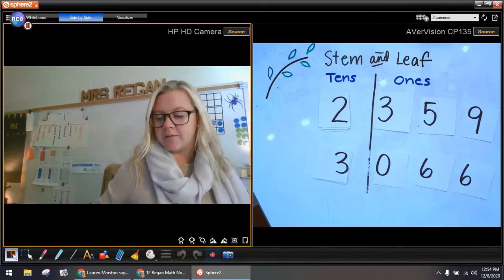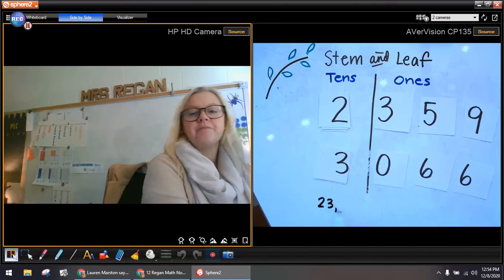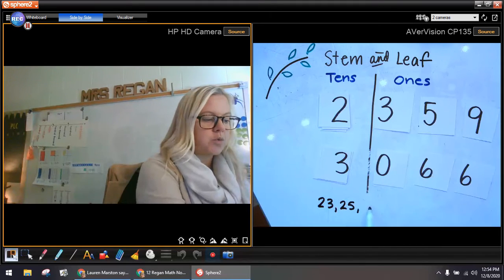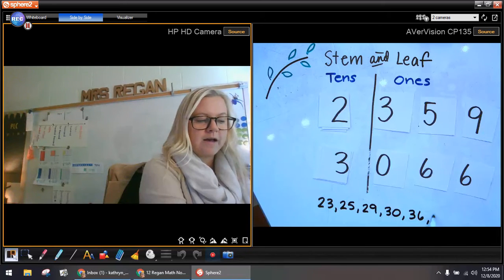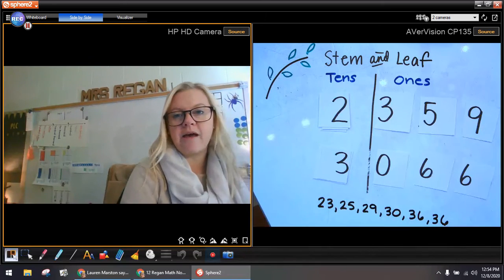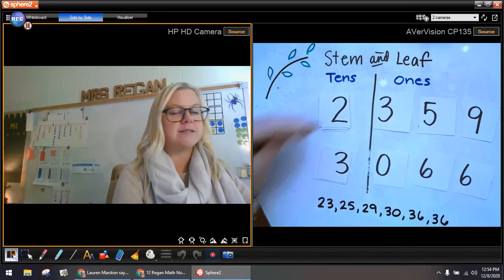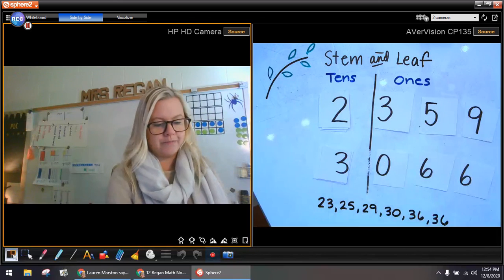So if I'm writing my numbers in order that way, I have a 23, and then I have a 25, 29, 30, 36, and 36. And that's how I create a stem and leaf plot, with my stem as my tens and each individual ones for my leaf.